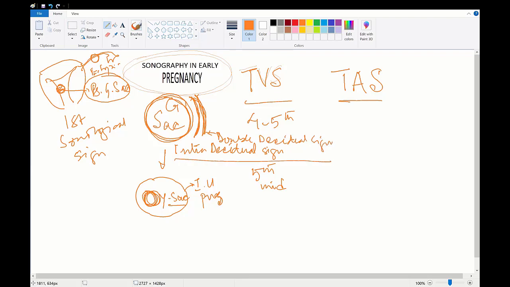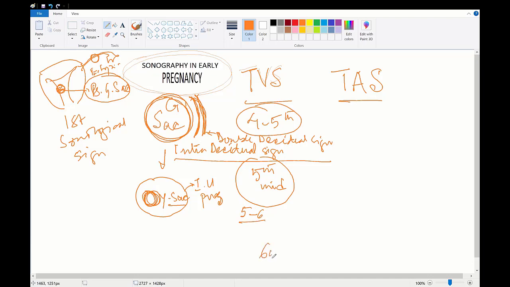So these all three are seen in 4 to 5 weeks on TVS, and by 5th week mid, what we can see is a yolk sac, which is confirmatory of an intrauterine pregnancy. Let's just call it 5 to 6 weeks for simplification.